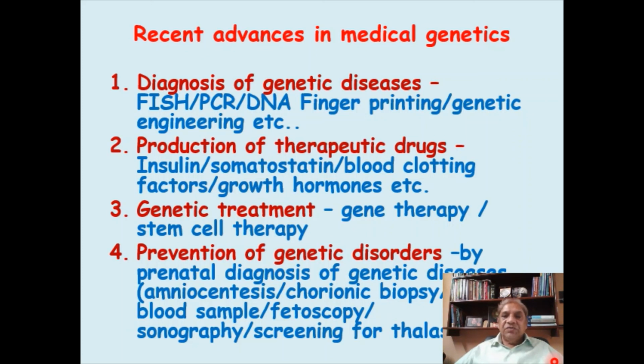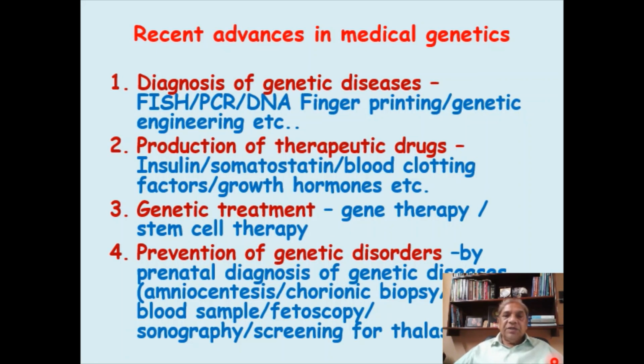So we can do the karyotyping, or chromosomal study, and we come to know whether there is any defect in chromosomes or not. Then chorionic biopsy is done from the chorion. In embryology, if you have read, the chorion cells are also fetal in origin, and they are also a source for karyotyping, the analysis of chromosomes.